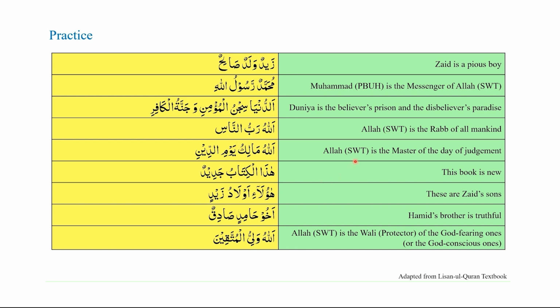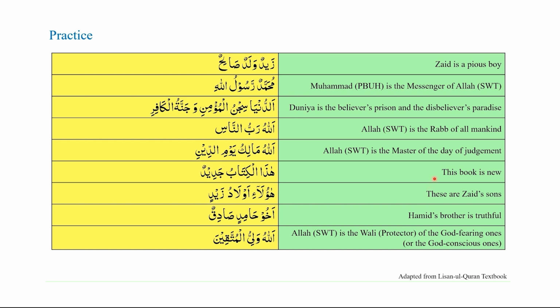Allah subhanahu wa ta'ala is the master of the day of judgment. Allahu Maliku Yawmiddini. Maliku Yawmiddini, master of the day of judgment. This is a complex murakkab izafi and it is being used here as khabar.